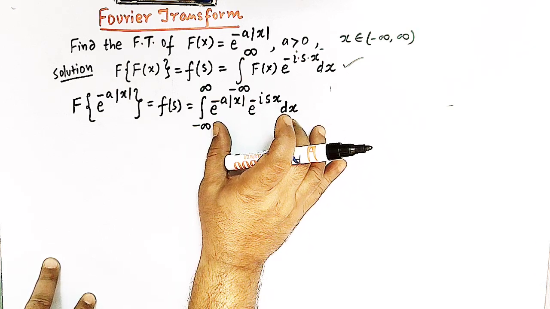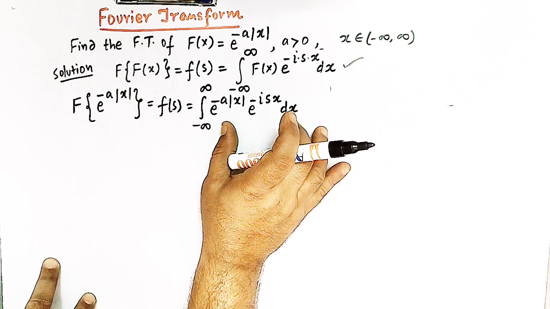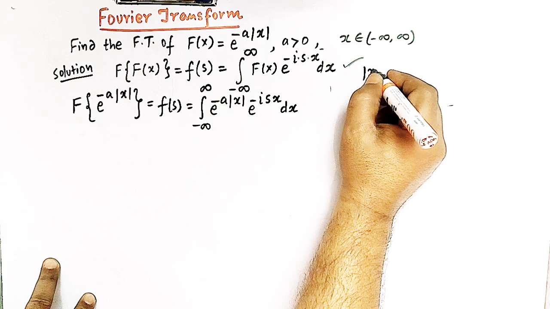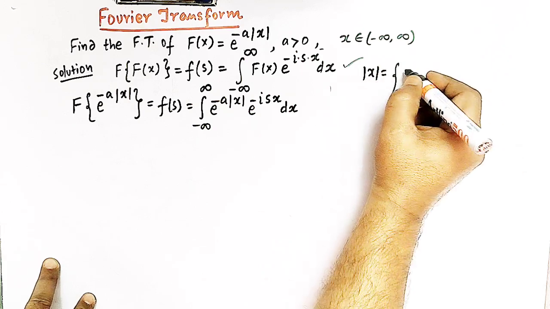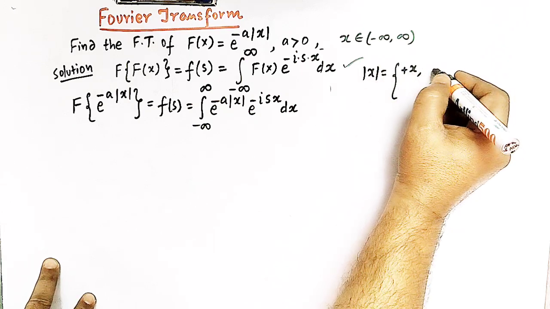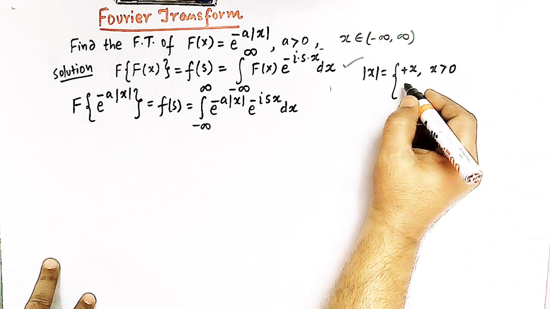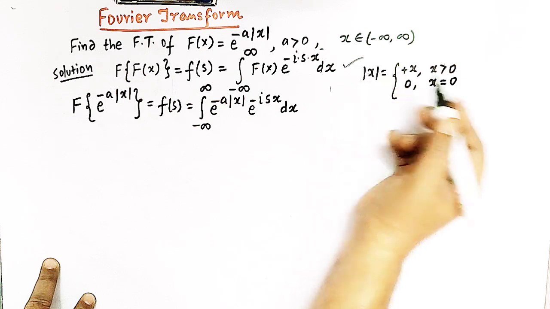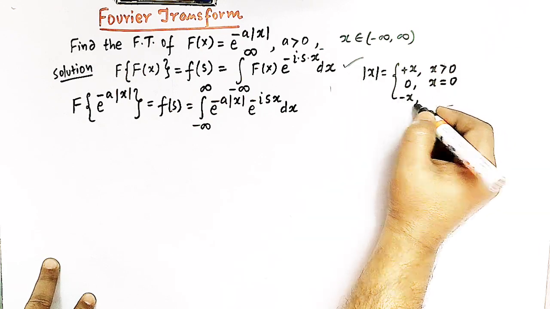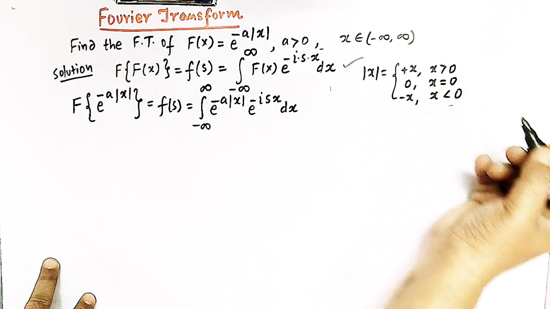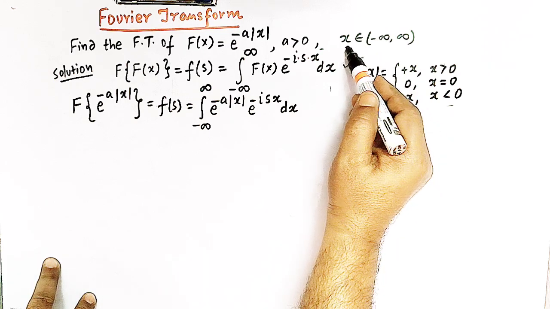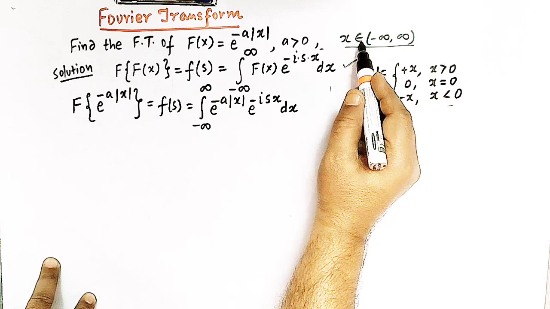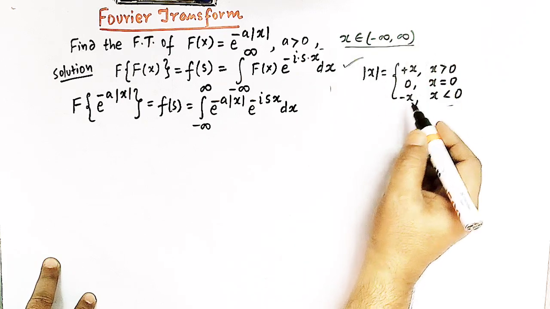Before evaluating this integral, let us first define the mod function. Now the mod function is defined like this: mod of x is equal to positive x whenever x is greater than 0, and mod of x is 0 when x is equal to 0, and mod of x is minus x when x is less than 0. And here we are given that a is greater than 0 and x belongs to the set of real numbers, right?